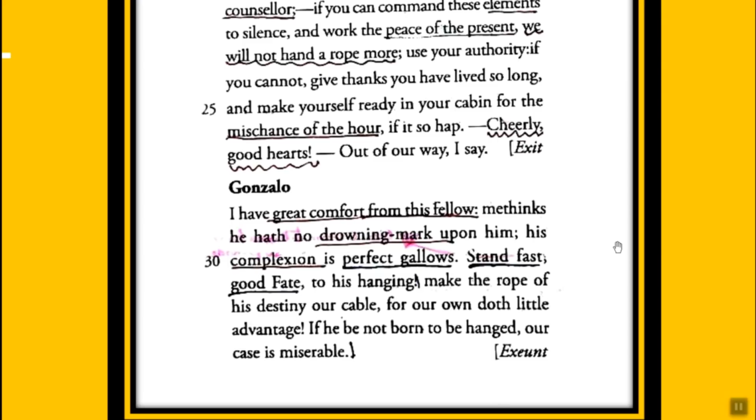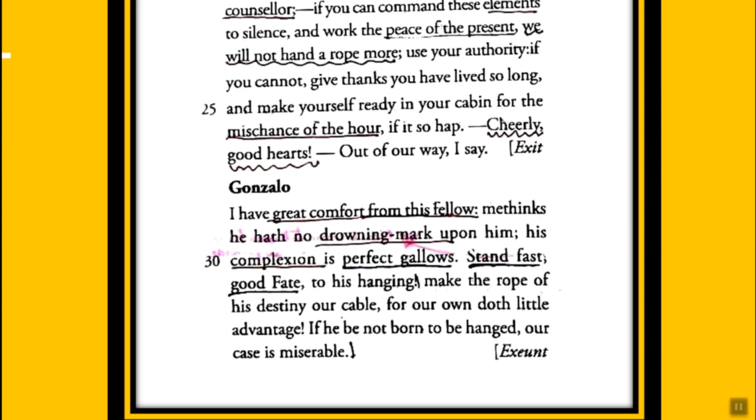Now a quick explanation of this line which I have just discussed, that is from Gonzalo. If you can see the number, I'm talking about line number 28 to 34. I feel comforted by the presence of this man. I think there are no signs to show that he will be drowned. His appearance shows that he will die by hanging.